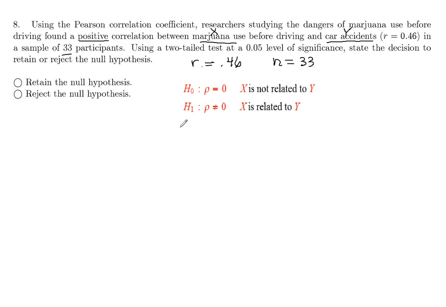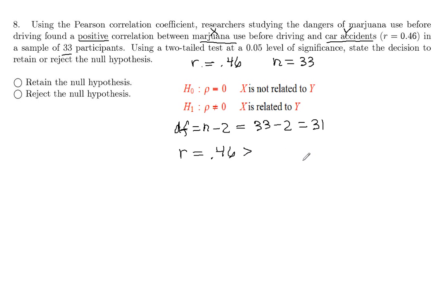Degrees of freedom here are n minus 2, so that's 33 minus 2, which is 31. Then our test statistic is R, which is 0.46, and we want to check whether that is greater than the critical value.